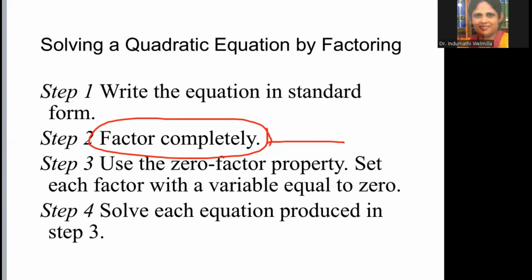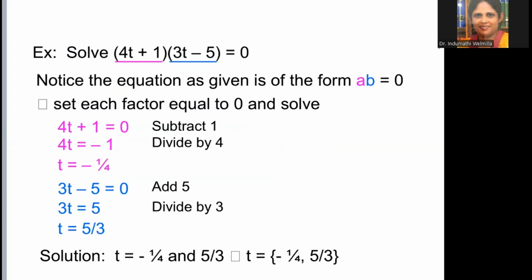Now, here I am explaining one example for you. So just look at this example.